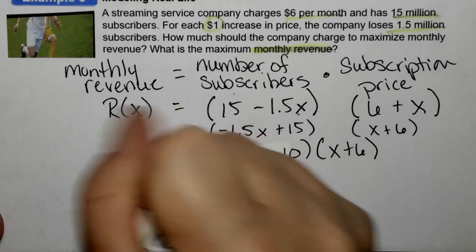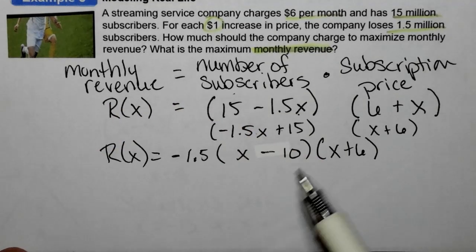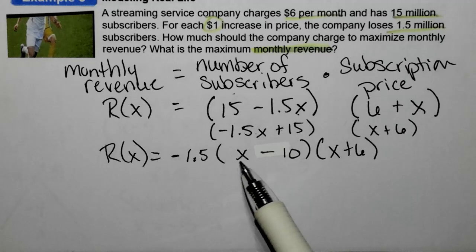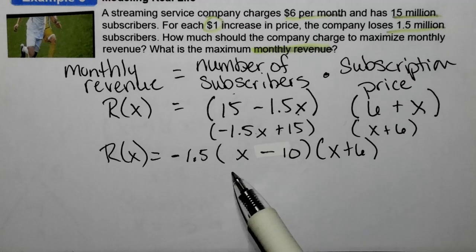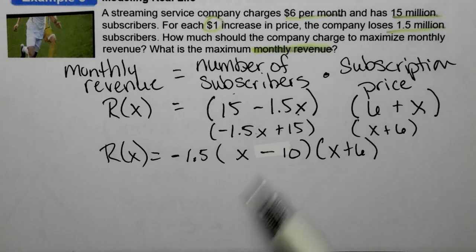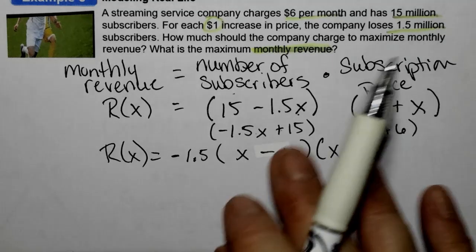All right, so you could think about this as intercept form. We learned in chapter 2 that we can take intercept form and find our axis of symmetry. Once we know our axis of symmetry, we can use that to find our y value, which will give us our vertex, where your maximum monthly revenue lies. So we need to know the vertex of this equation.